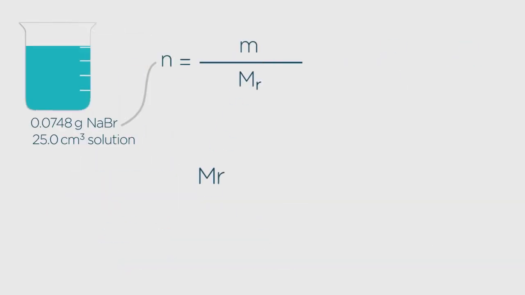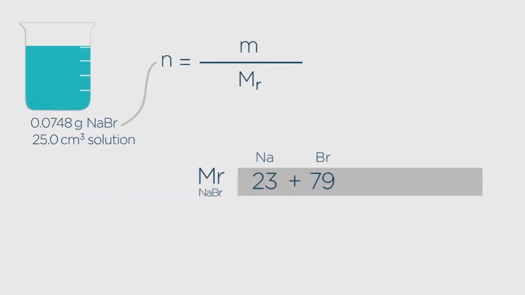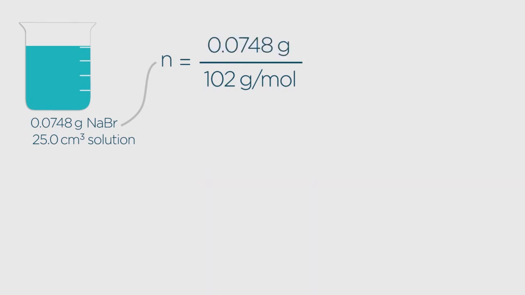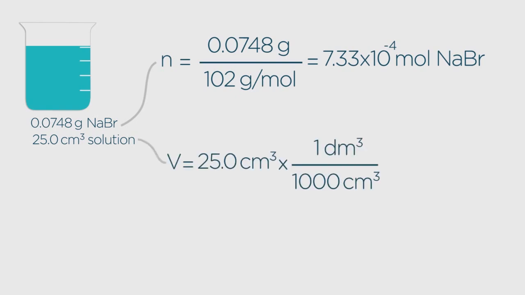So, molar mass of sodium bromide is 23 plus 79 equals 102 grams per mole. 0.0748 divided by 102 equals 7.33 times 10 to the minus 4 moles. 25 divided by 1000 equals 0.025 decimeters cubed.